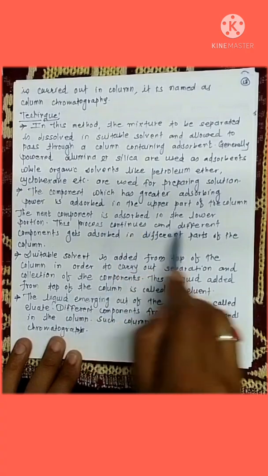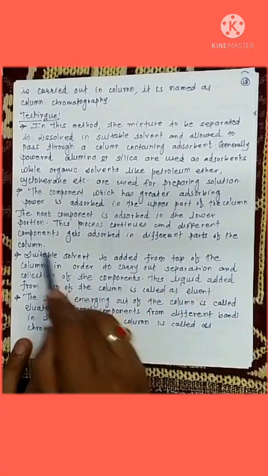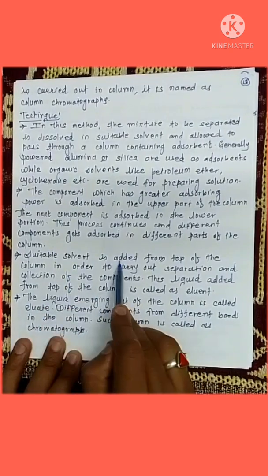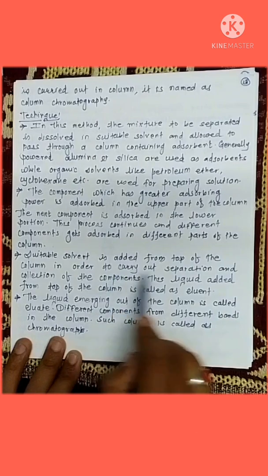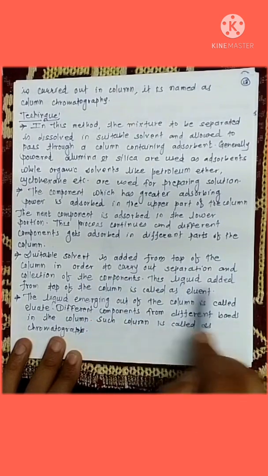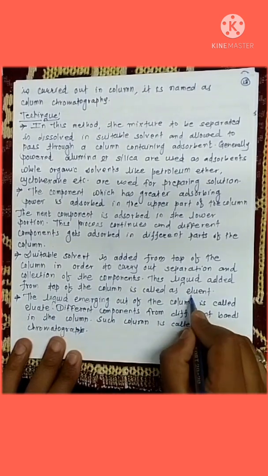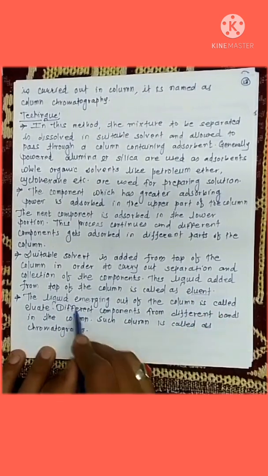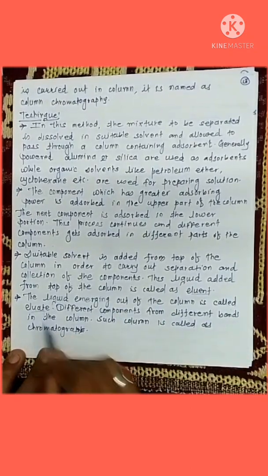This process is continuous and different components get adsorbed in different parts of the column. A suitable solvent is added from the top of the column in order to carry out the separation and the collection of components. This liquid added from the top of the column is called eluent. The liquid emerging out of the column is called eluate.